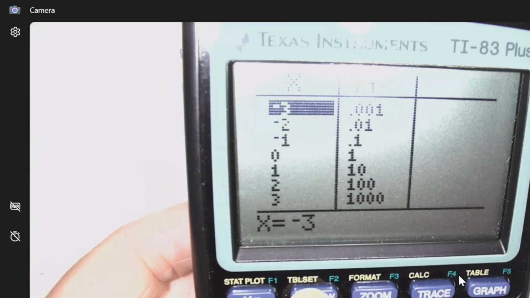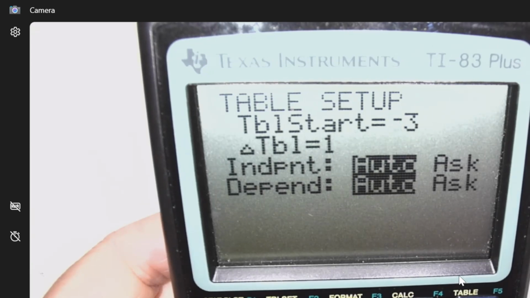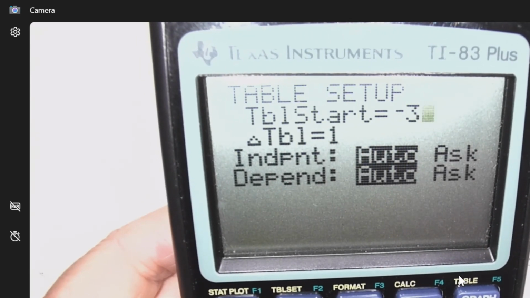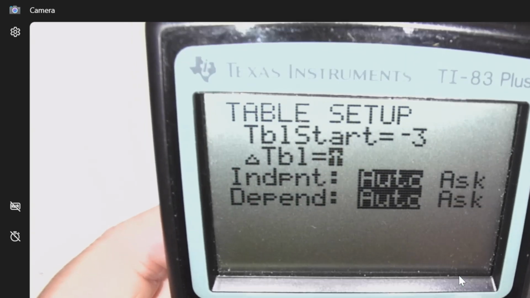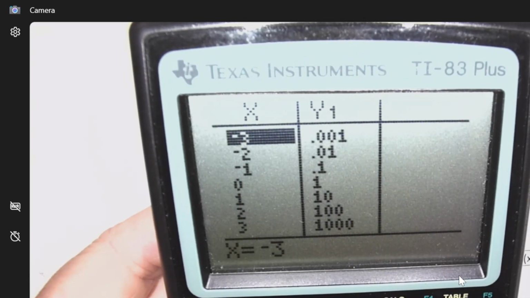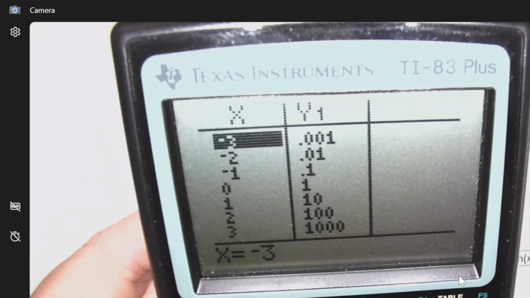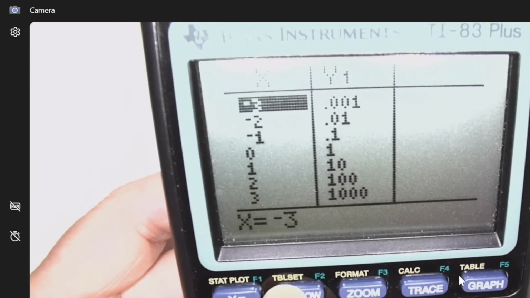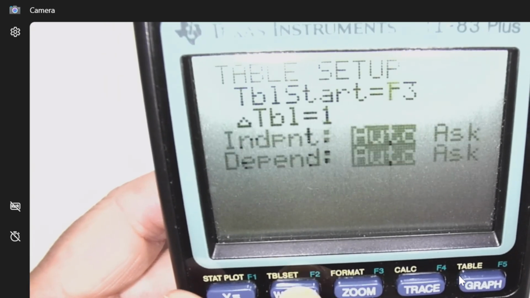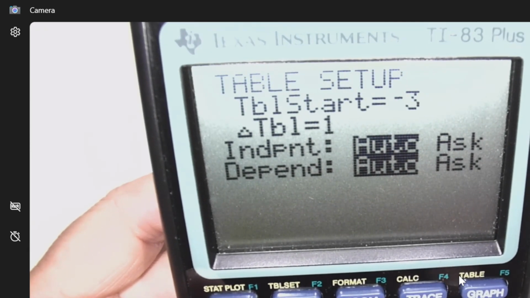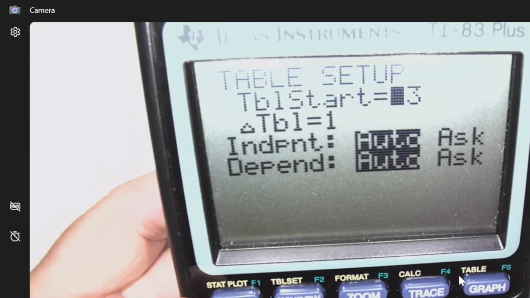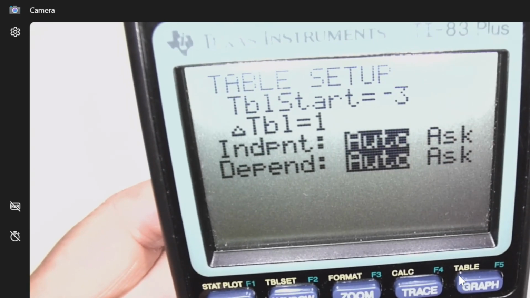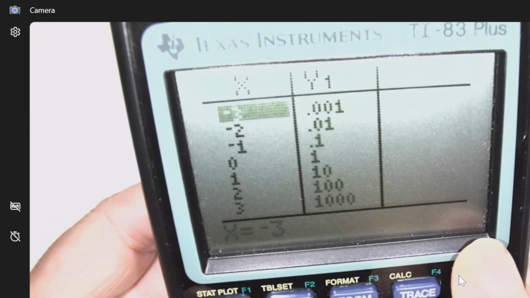You can go to second table set, and then you can pick where you want to start at. So if you go -3 and then go second table, it'll start. Was yours really high? Yeah, mine was at like 90. So there's this button called table set, so you can go second table set, and then you can tell your table where to start from. Like if I wanted to know the values of when x was 20, I can just go 20, enter, and the table would start from wherever I want, okay?